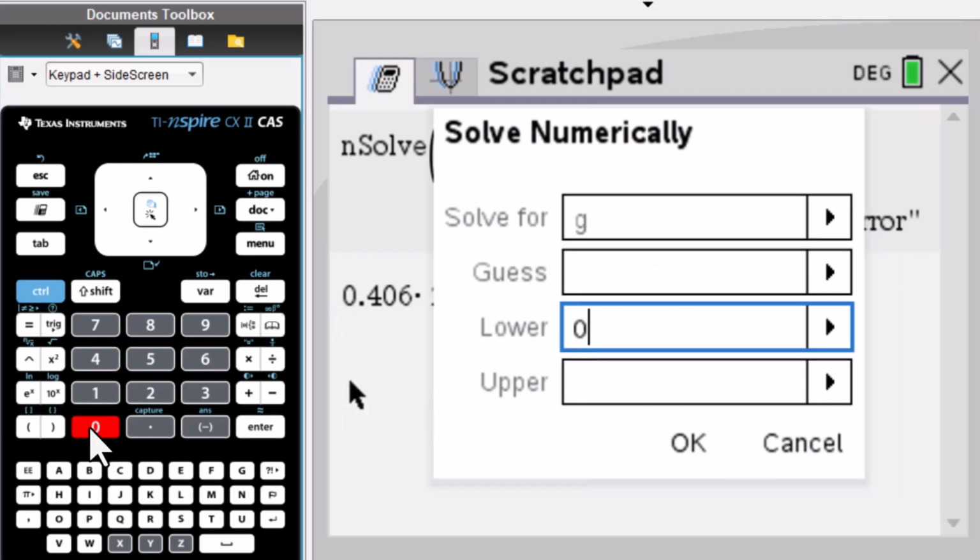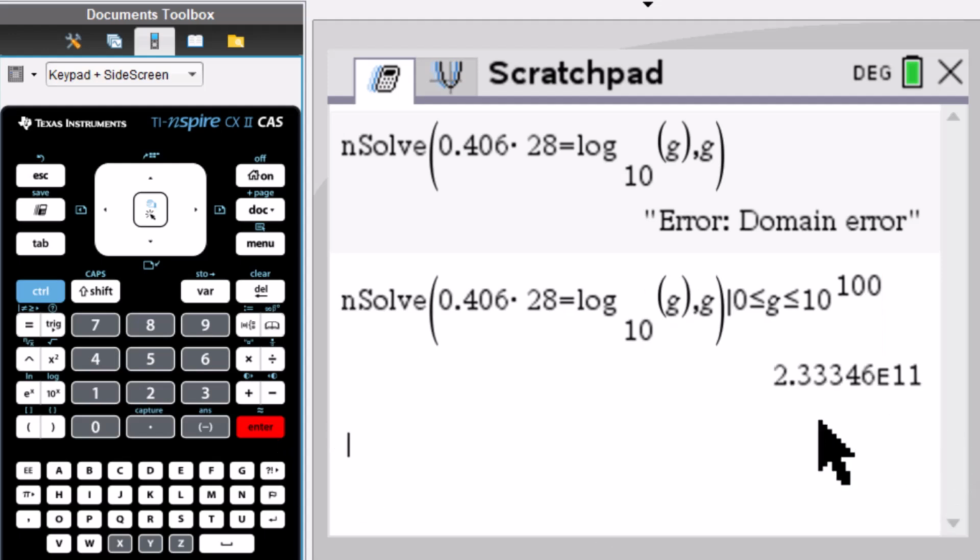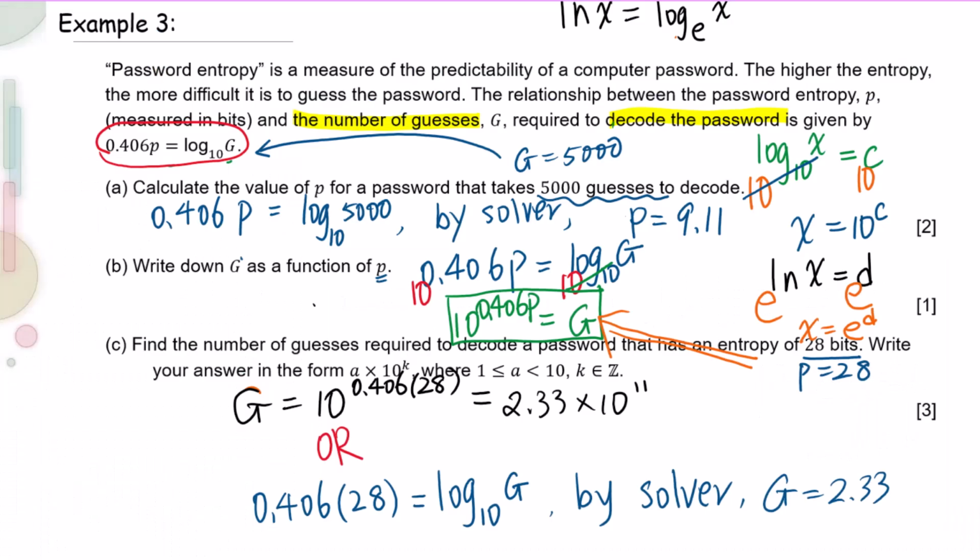Lower, we will put in 0. Upper, let's do 10 to the 100 power. Just put a big number here. Then enter, enter. We got the solution. 2.33 times 10 to the 11th power. By solver, G equals 2.33 times 10 to the 11th power.